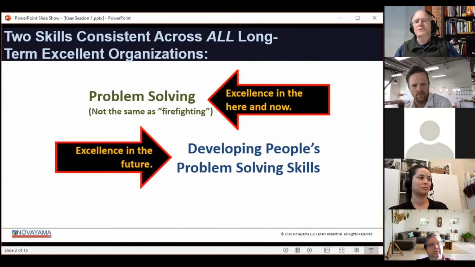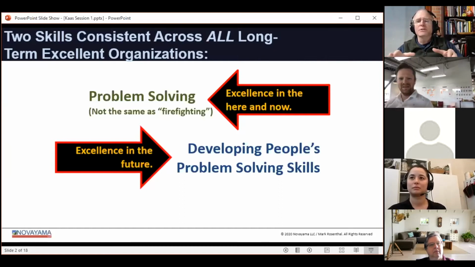And that is creating excellence in the future. Now, rather than listening to me talk about what this looks like, I've taken a video of Mike Rother, who wrote the book Toyota Kata, coaching a team leader at a tier 1 Toyota supplier in Michigan.